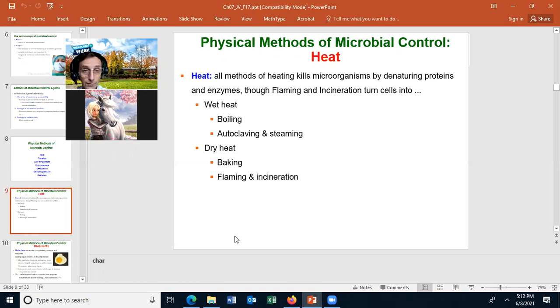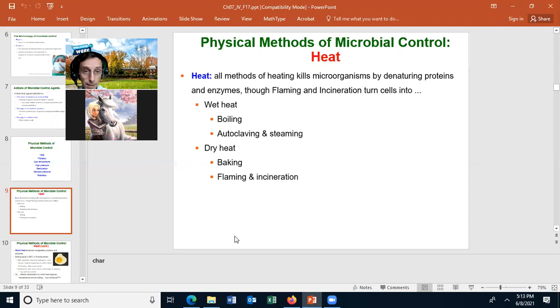Wet heat, such as boiling, autoclaving and steaming, is one way we can kill cells. And it is very effective. We'll talk a little bit about that. The other heat is dry heat. When we bake things, that's using dry heat.